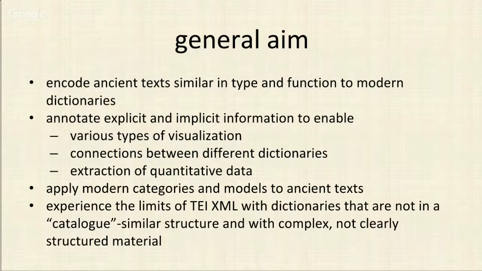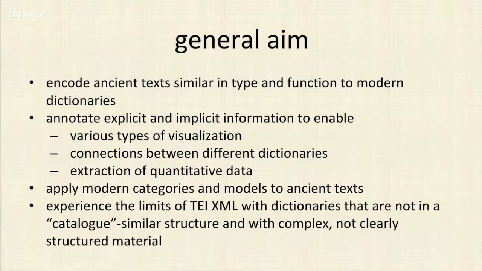An important issue here is that we are invited to annotate explicit and implicit information in order to enable, first of all, various types of visualization, second, connections between different dictionaries, and third, extraction of quantitative data, which is impossible or extremely hard to do if you have a print product.